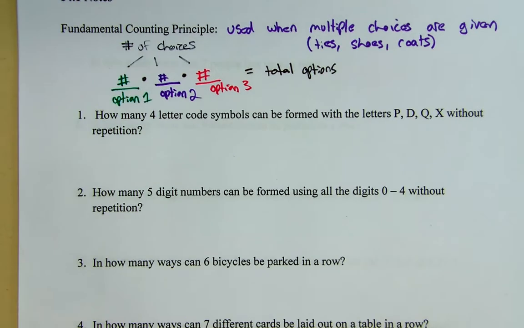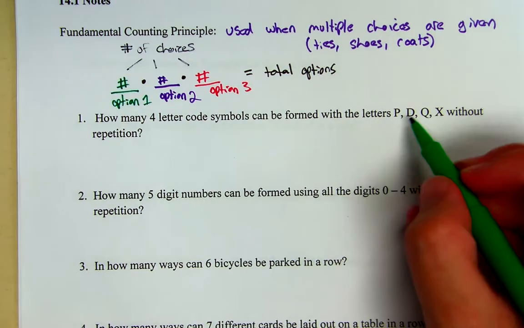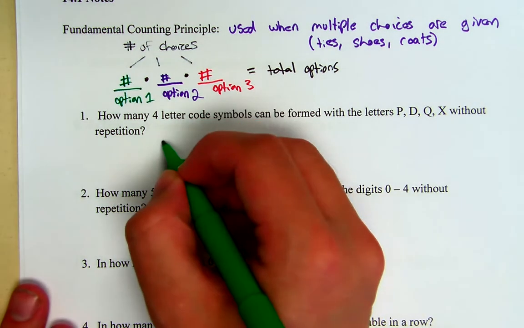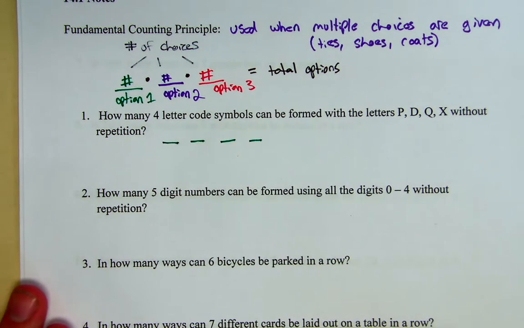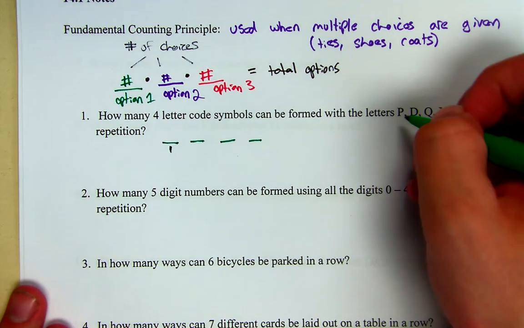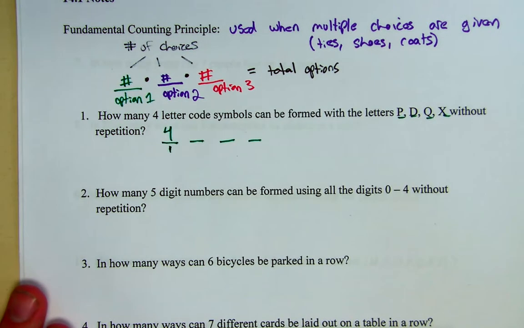So number 1, how many 4-letter codes can be formed using P, D, Q, and X without repeating them? So basically, if I have a 4-letter code, that means I have 1, 2, 3, 4 slots. Well, in this first slot, I can have one of these 4 letters, so I have 4 options.